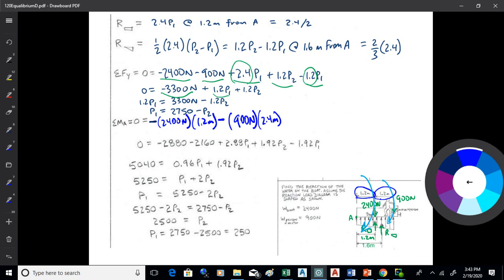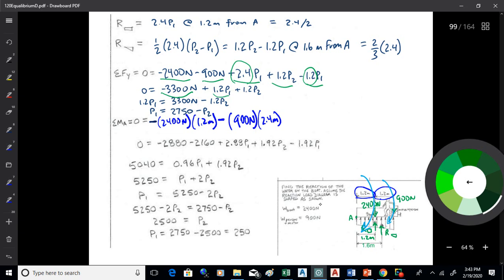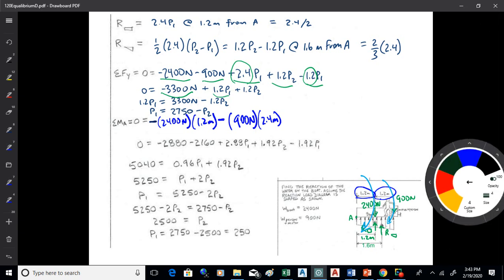Then I've got this stuff pushing back. Now the stuff pushing back here is the water, and I've got those two water loads, and I've got all that information up above. And again, that's why I like to do it that way, because it's all lined out there for me. I've got 2.4 P1, 1.2 meters away.